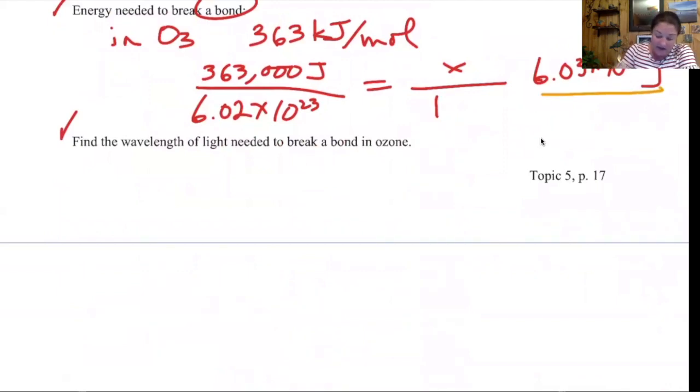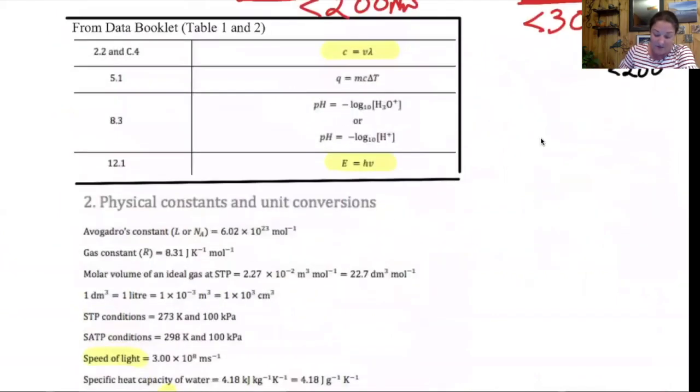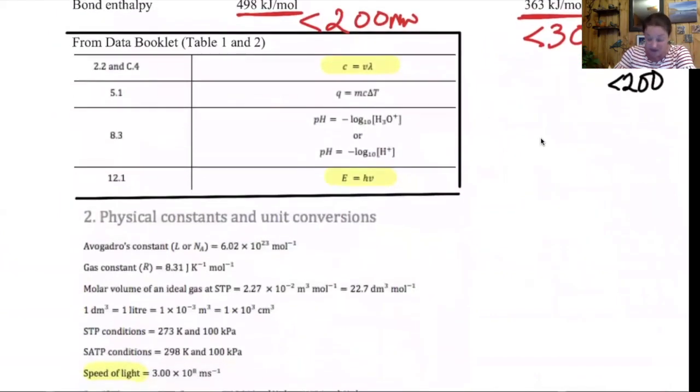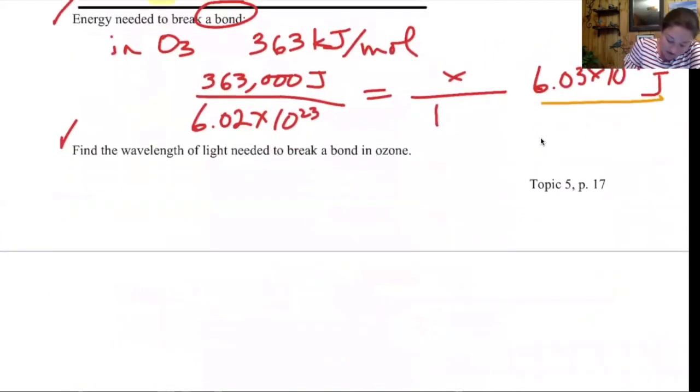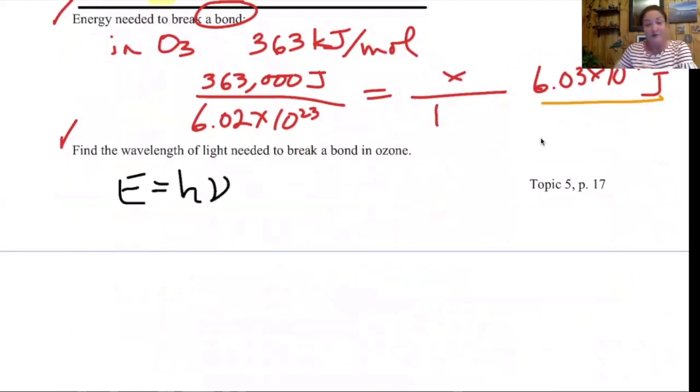I included in here some formulas from your data booklet. In table 1, we see these two formulas. In table 2, we're told that the speed of light is 3 times 10 to the 8th. That's this variable. And we're told what Planck's constant is, h, 6.63 times 10 to the negative 34th. So the first formula I'm going to use is E equals h nu.